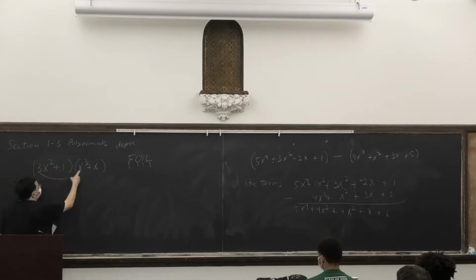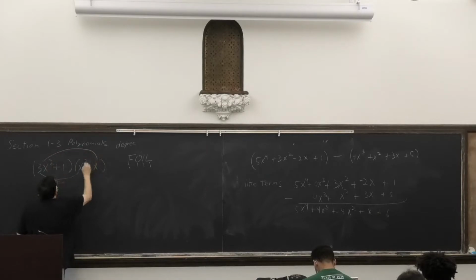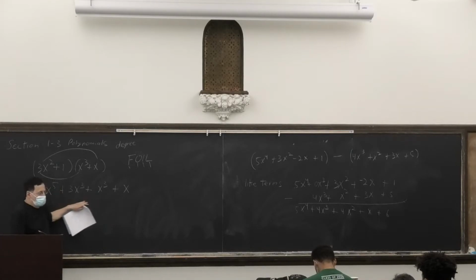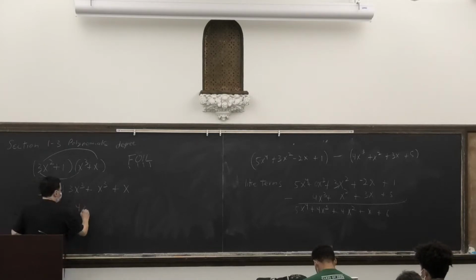So 3x squared times x cubed, where we're just going to add the exponents, multiply the coefficients. We get 3x to the 2 plus 3 or 5. That's the first. The outer, well, that's 3x squared times x, that's pretty easy, 3x cubed. The inner, that's just x cubed, and then the last. And at that point, we would combine like terms here. We have 3x cubed and x cubed, so that just becomes 4x cubed.